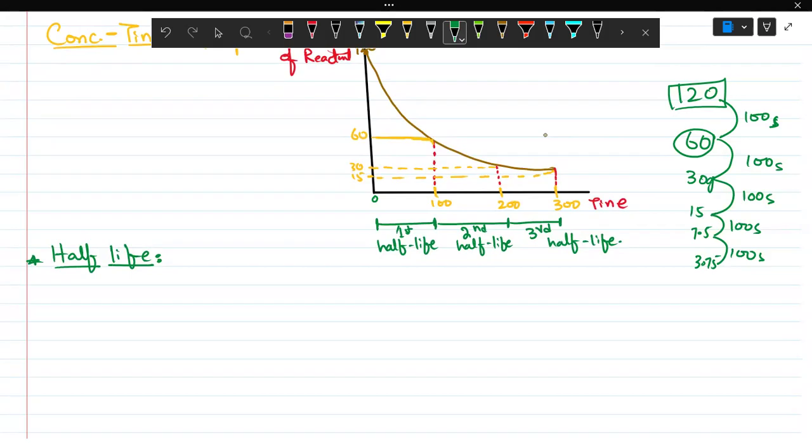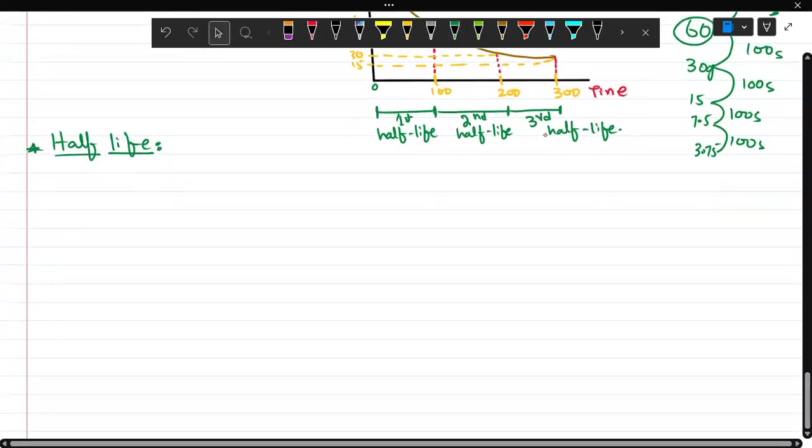If I say that I have the graph like a straight line. Now, what are the values and how we will be discussing it? Let me tell you that. We will be having the time here and we will be having the concentration here.